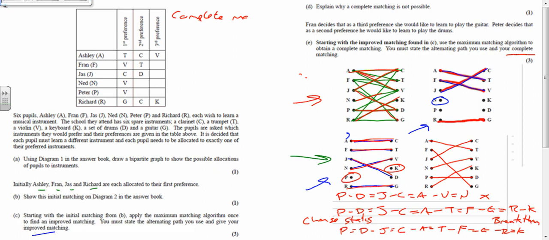Then we've got AT, we've got FG, we've got JC, we've got NV, we've got PD, and we've got RK. And if you can do that, you can do the matchings questions. Well done.